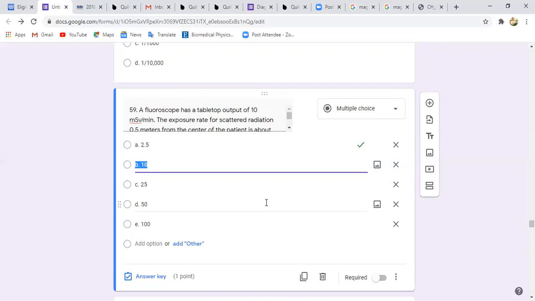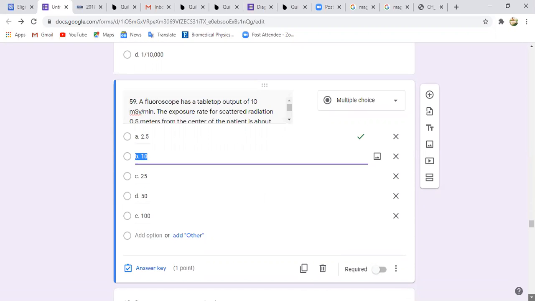Something must have gone wrong somewhere. The answer is in between A and C. I'm looking at the board. We have 10 over 4, 0.4. The answer should be 25 millisievert per hour. That should be C. But this is actually the way to go about it.